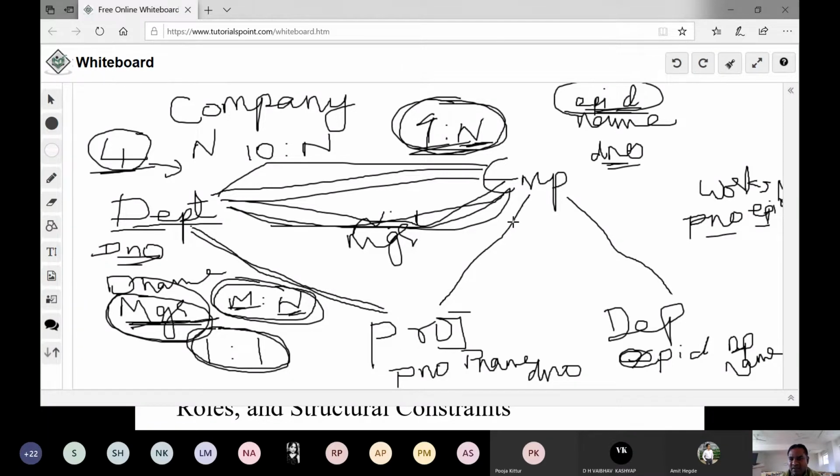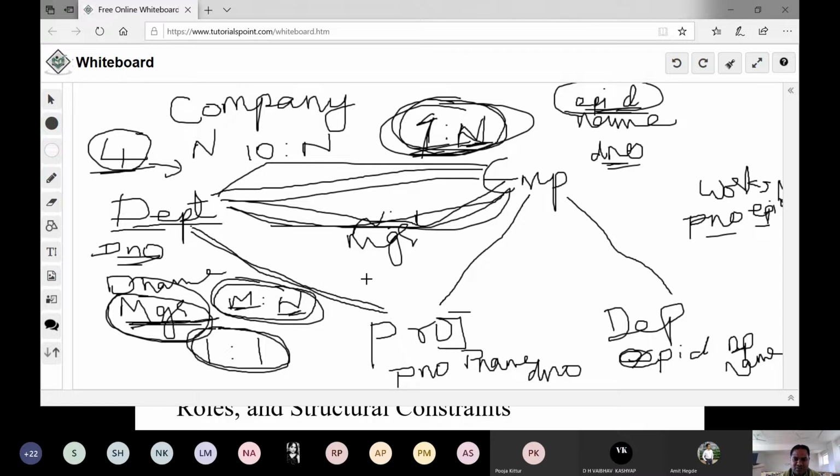Understanding? For each one department, I will have n number of employees. Employees, at minimum, belong to only one department.